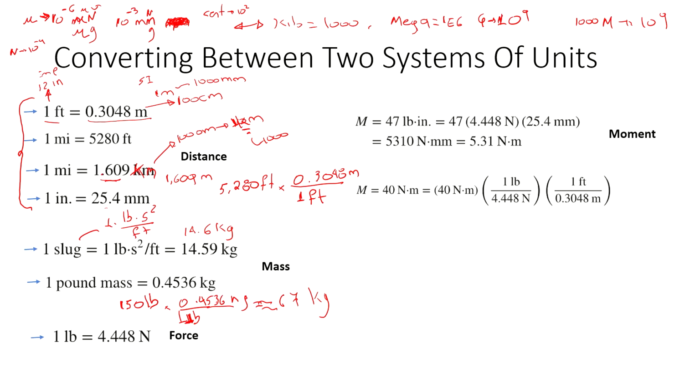That's the factor. Now, 1 pound force, a lot of times, for convenience, 1 pound mass is going to be LB, from libre or libra. LB is the short for pound, from French libre.